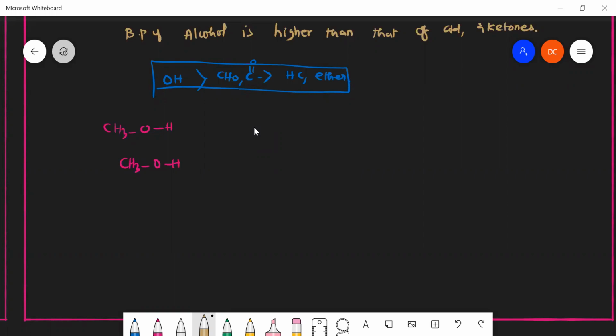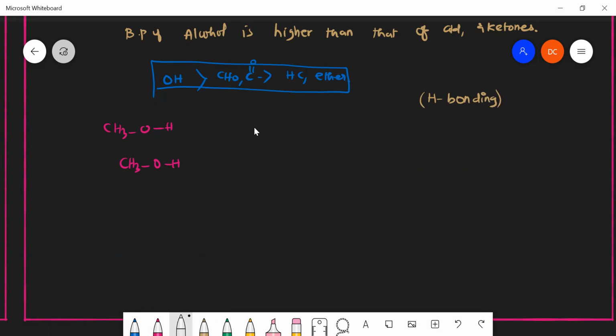Interaction between hydrogen atoms. Okay. The hydrogen atom will be bonded to an electronegative atom of another molecule. Very nice.